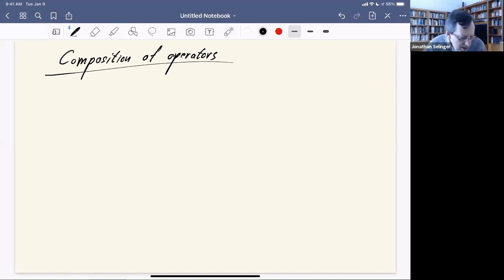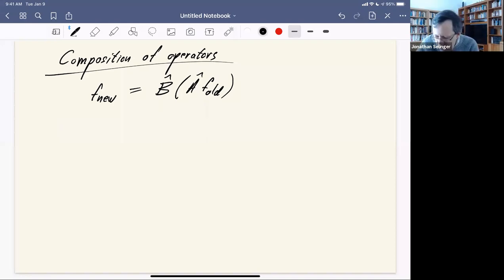So you could say f new is the operator B acting on the operator A acting on f old. That means f old goes into A, A produces its output, then the output of A goes into B, and B produces its output. That's what makes our new function.